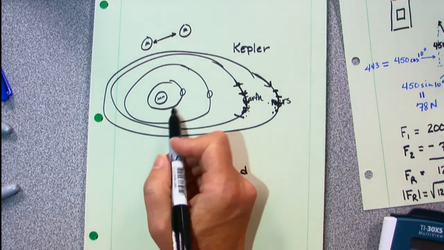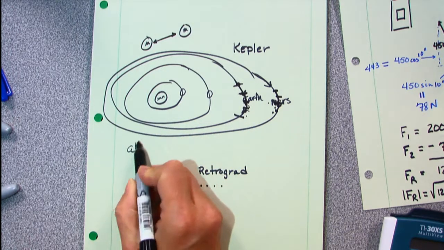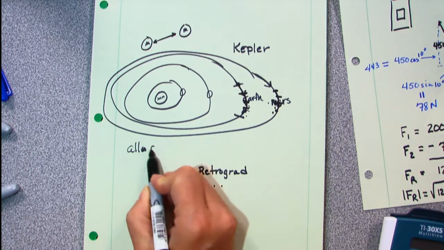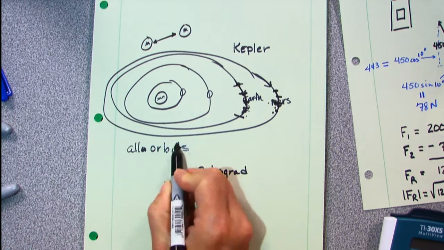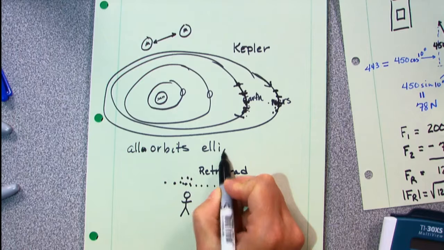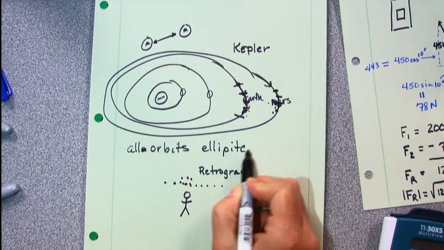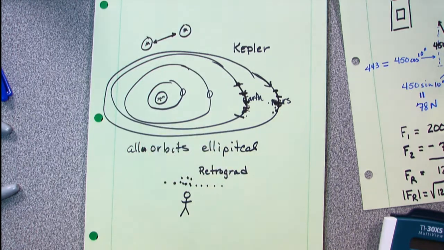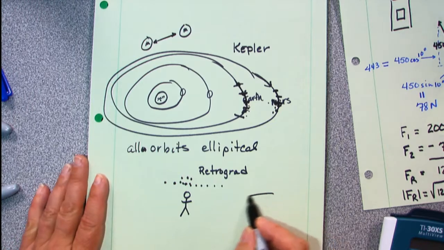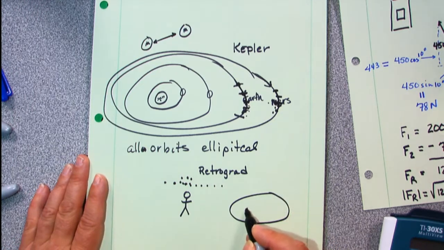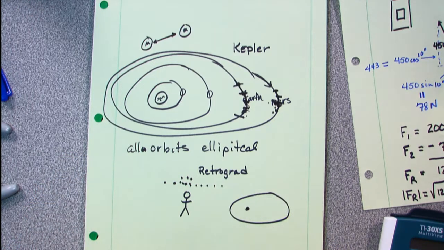Second assumption that they made was that all orbits are elliptical, with the sun at one of the foci. So all orbits are going to be in an ellipse, and the sun is going to be at one of the foci. That's the first assumption that he made.